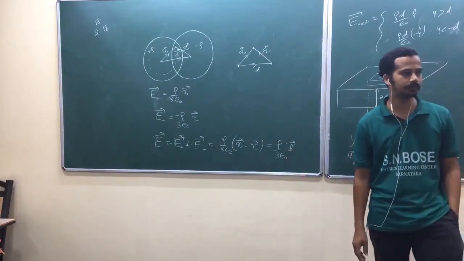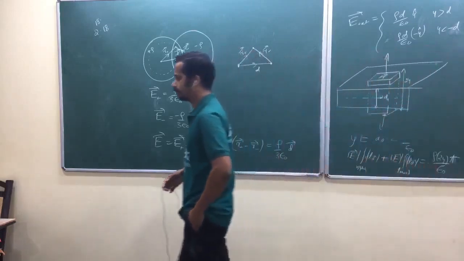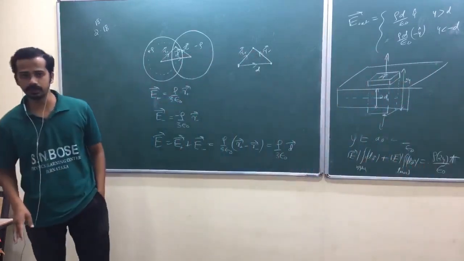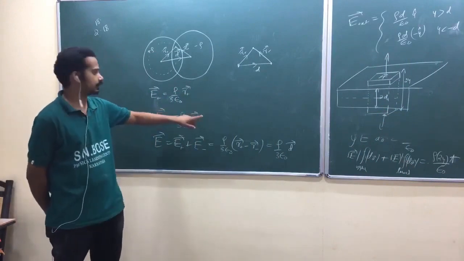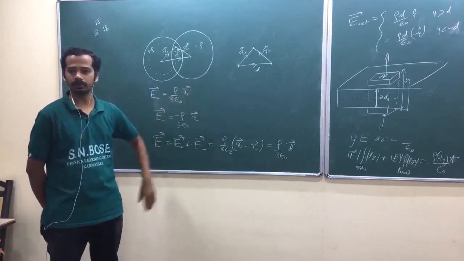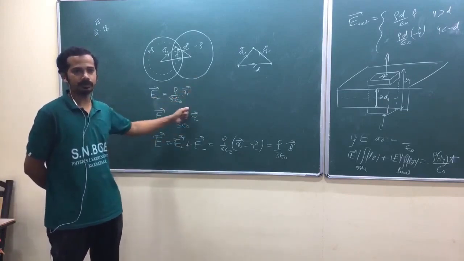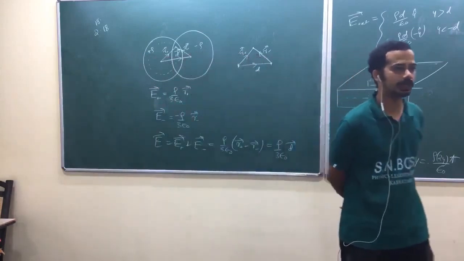Yesterday we have written in terms of total charge. We should be able to manipulate that expression. If you have the expression in terms of total charge, you should be able to convert it into charge density. If it is in terms of charge density, if you substitute total charge by total volume, it will be in terms of total charge.